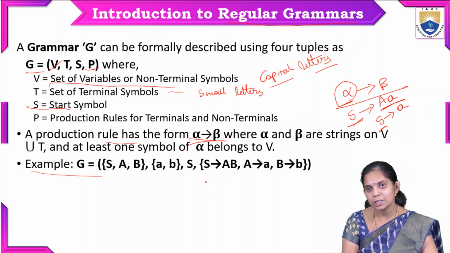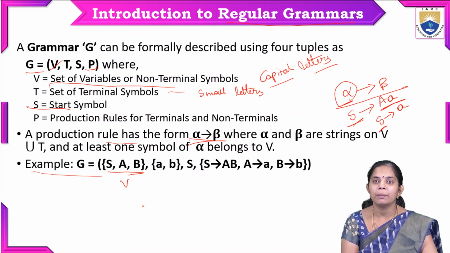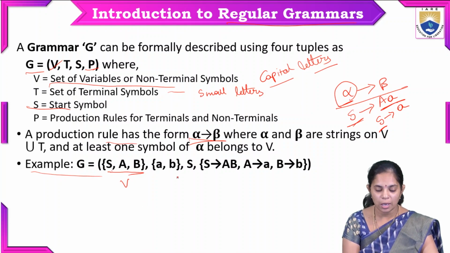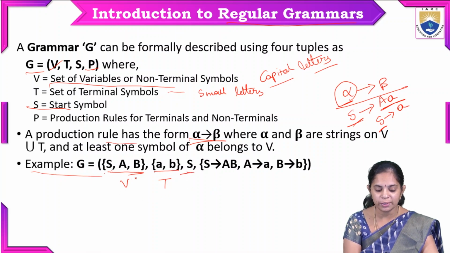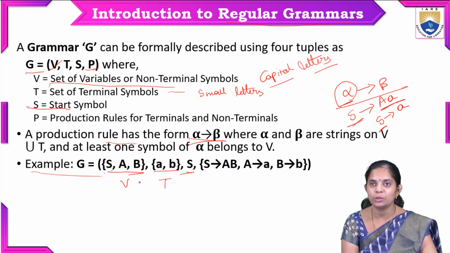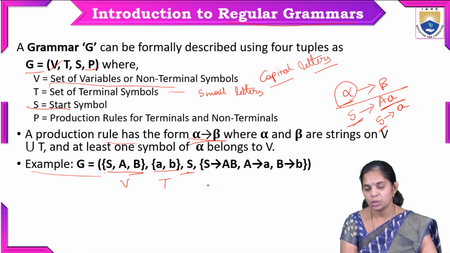The grammar contains a four tuple. V is the set of non-terminal values, represented with capital letters. T is the set of input symbols, a comma b. S is the starting symbol, the one from which we start the production.